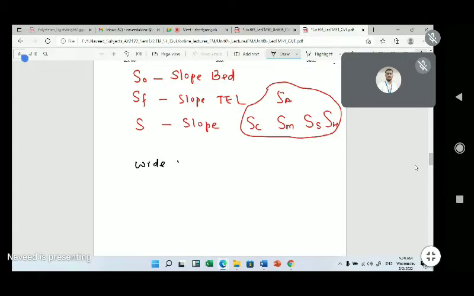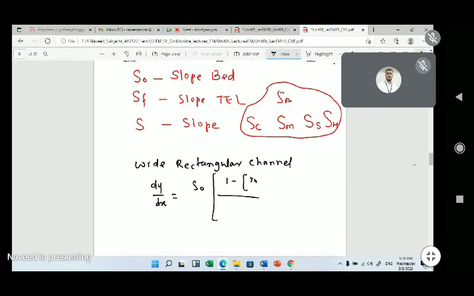For the wide rectangular channel, the dynamic equation we know is dy by dx equal to S0 times 1 minus (yn upon y) whole cube, divided by 1 minus (yc upon y) whole cube. This is based on Chezy's formula.